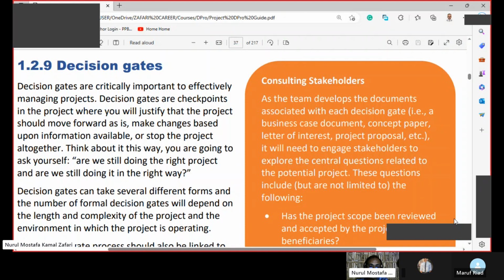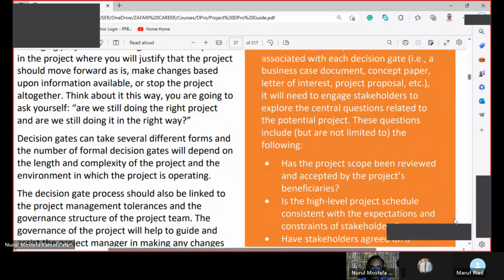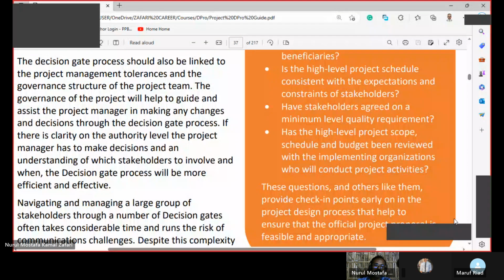Decision gates can take several different forms, and the number of formal decision gates will depend on the length and complexity of the project and the environment in which the project is operating. The decision gate process should also be linked to the project management tolerances and the governance structure of the project team.